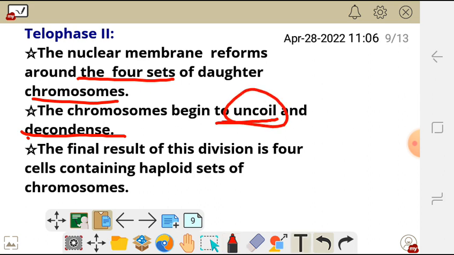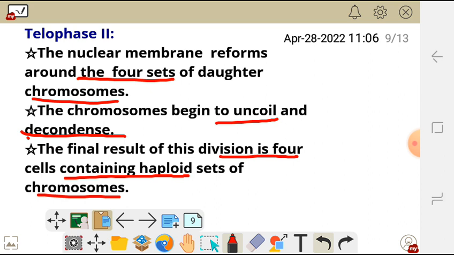The final result of this division is 4 cells containing haploid sets of chromosomes. Remember, these cells are genetically non-identical. They are non-identical because of the crossover which takes place under Prophase 1.